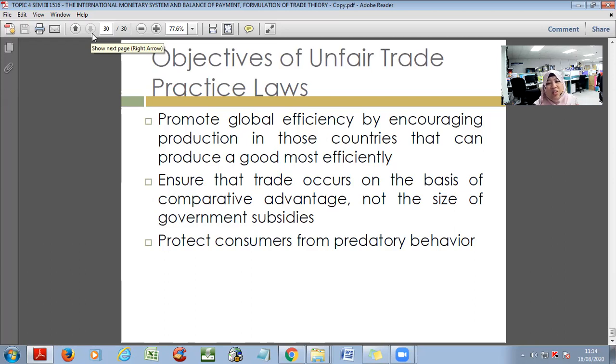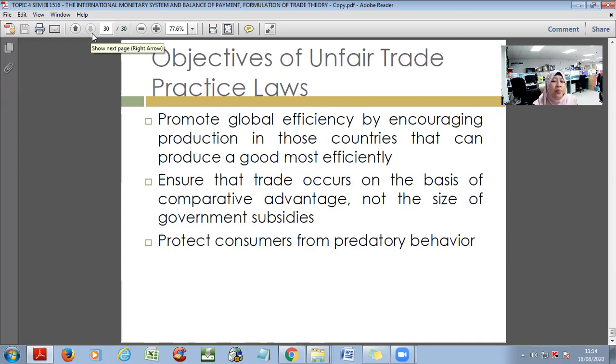That is the concept of comparative advantage. And if another country is better at that production, the other country will import from that country. That ensures that trade occurs on the basis of comparative advantage, not the size of the government subsidy, and not based on what the government wants to give you and then you rely on that.